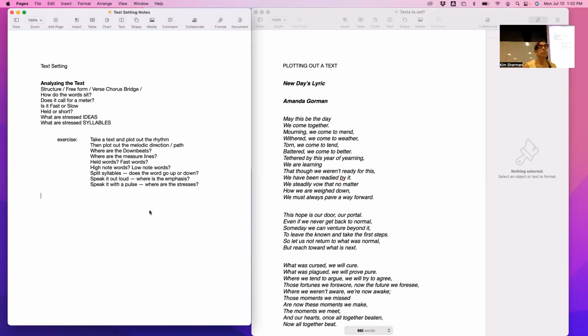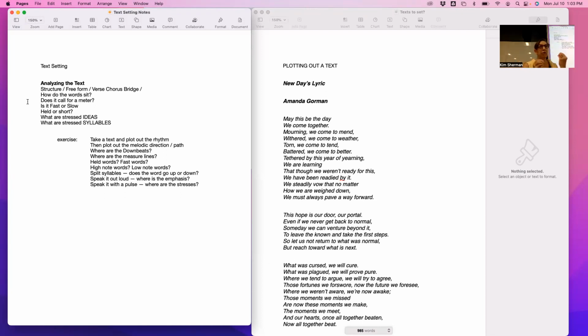I feel like the first thing I want to know is what is the text? What is it saying? What is important? What are the important words? Is it a rhyming text or a free form text? All of these are valid things.